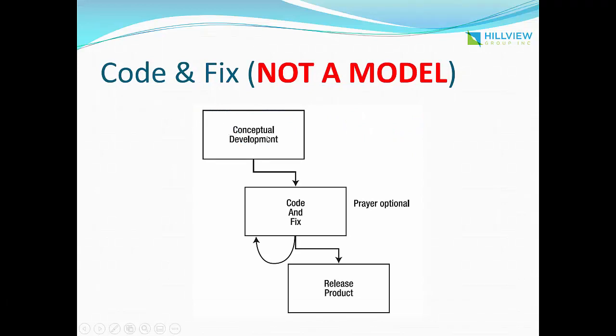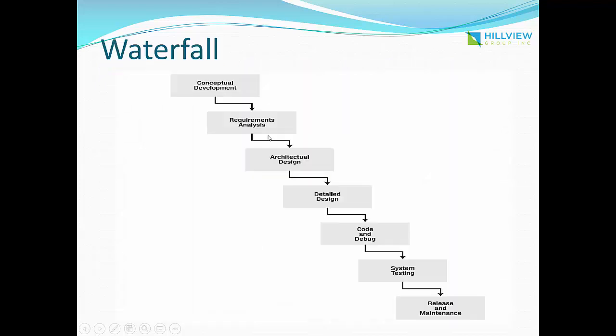So let's leave the not a model and go to our very first life cycle model. The first traditional model that we are going to talk about is called the waterfall life cycle model.